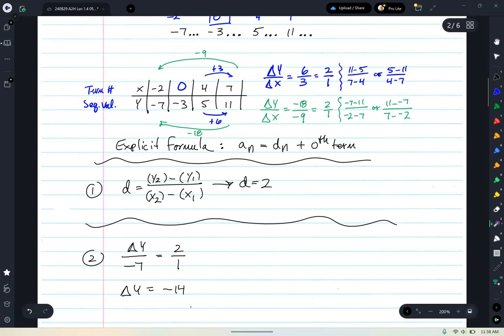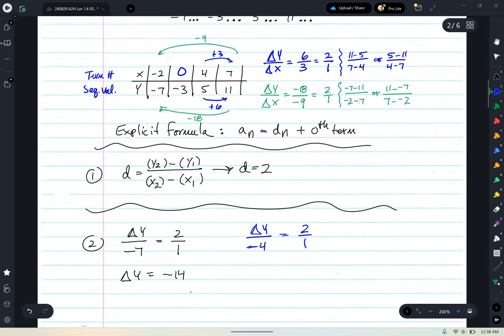Okay. If we're going to start at the 4, let's redo this problem. From the 4th term to the 0th term is how many steps? 4. So we're going to go down 4, and we know that ratio is the same as 2 over 1, right? So from the 4th term down, how many steps would we have to take in our change in y?